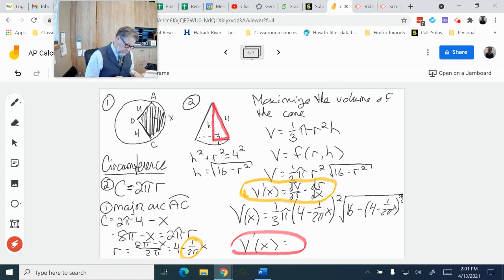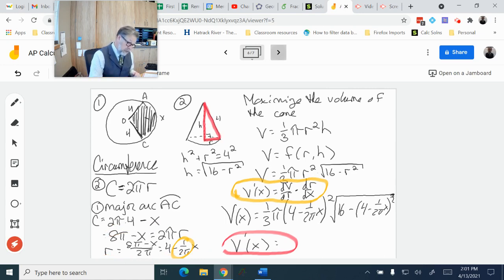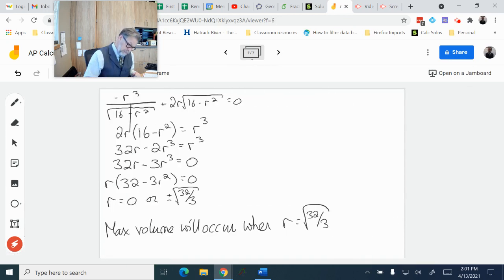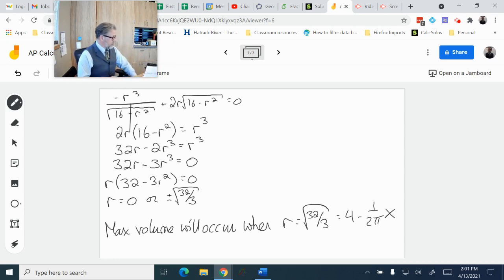So I could plug that r in: 4 minus 1 over 2 pi x equals the square root of 32 thirds, and subtract 4 from both sides, multiply by negative 2 pi, and I would have myself an answer.